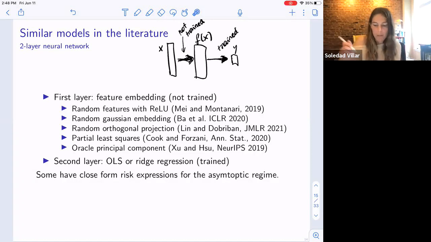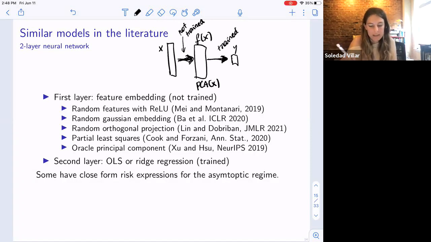But anyway, I just wanted to say there are many nice papers that consider this model. In our case, the first layer is just PCA of the data X, and then you do linear regression on the PCA.